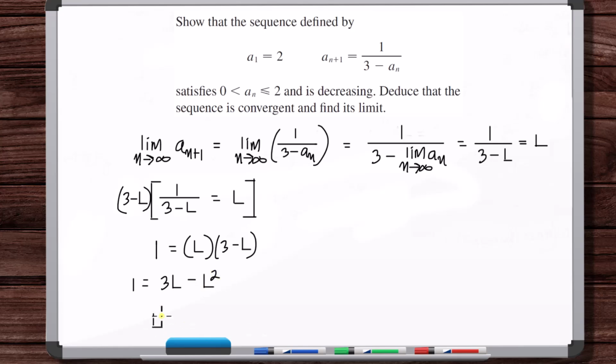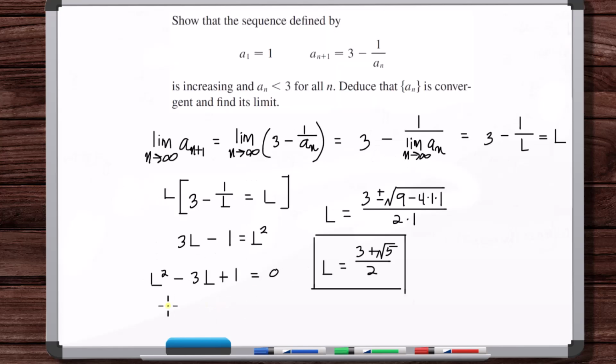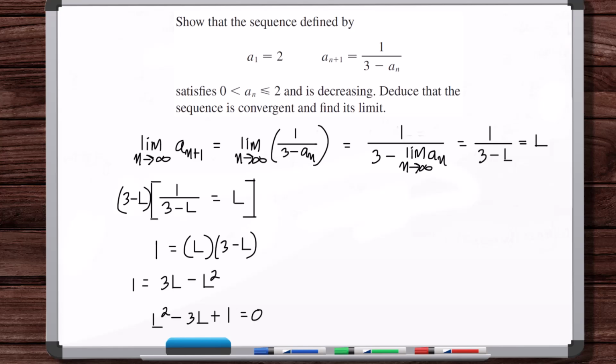So L squared minus 3L plus 1 is equal to 0. This is the same equation that we had before. So L is equal to 3 plus or minus root 5 divided by 2.